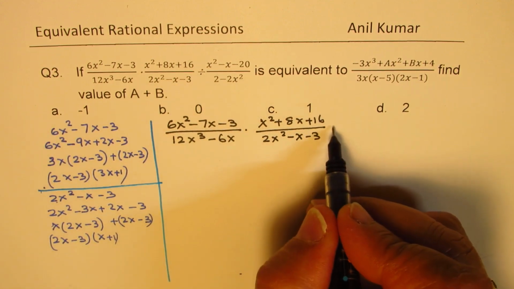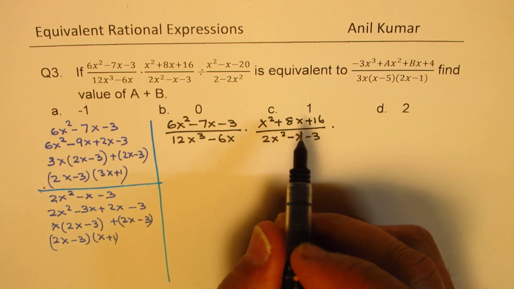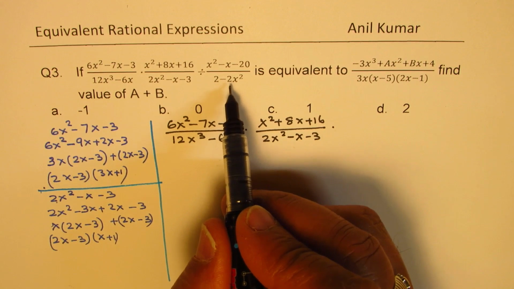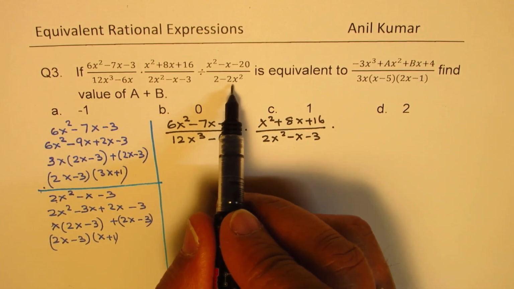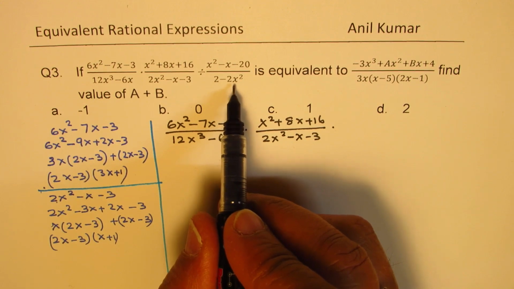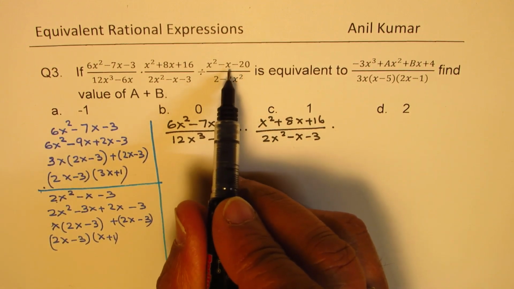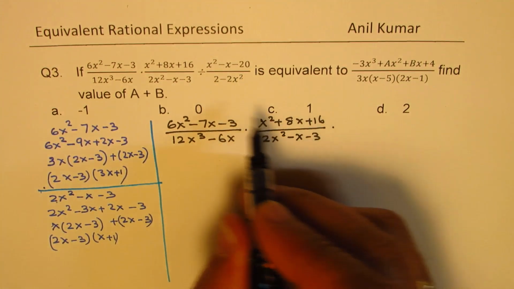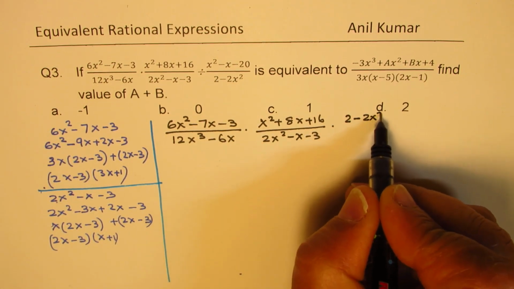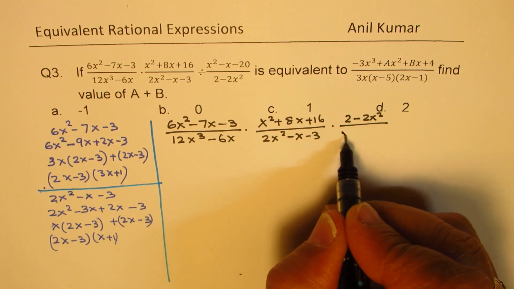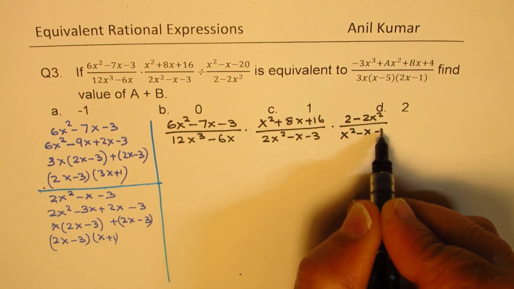Now division could be written as multiplication by the reciprocal. However, we have to write restrictions for both numerator and denominator, right? So at present we have to write the restriction that x cannot be equal to 1, but when you flip, we have to consider the factors of the numerator. So we can write this as 2 minus 2x squared over x squared minus x minus 20.